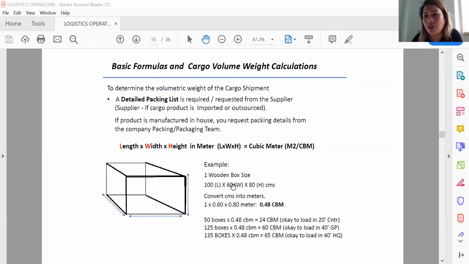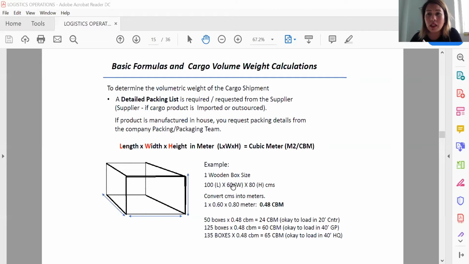Sometimes people will just give you 2 dimensions. How can you get the cubic meter of the cargo if it's only 2? Rule of thumb, you should have 3 dimensions, 3 sizes of the cargo: length, width, and height. There should be gross weight, because sometimes the cargo is so small, but it's so heavy.